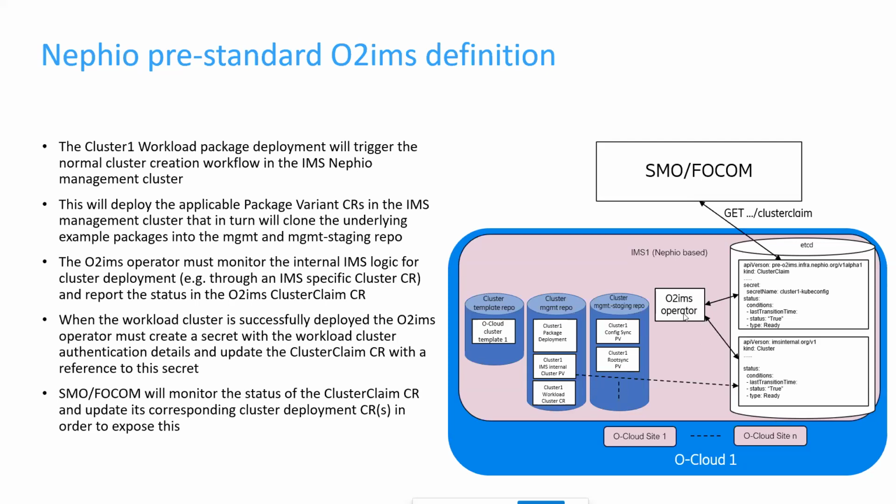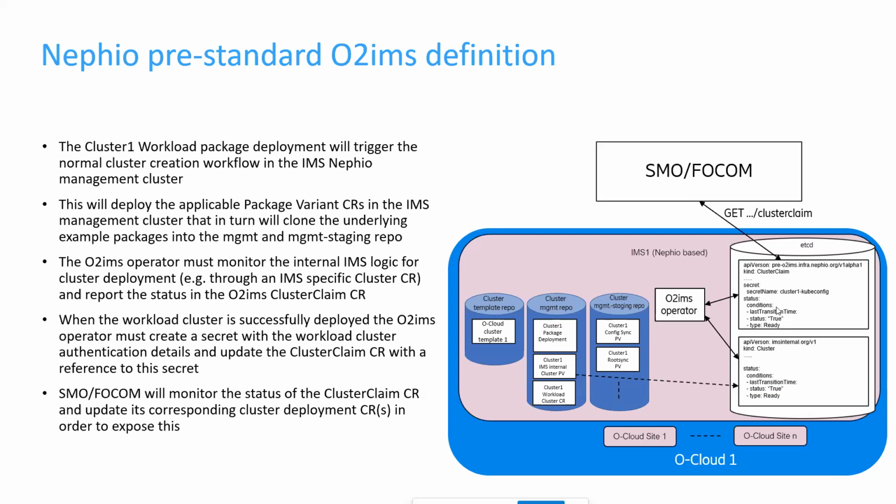And as I see it, that would be once you have successfully deployed these management staging resources also into that new workload cluster. At that time, this O2IMS operator should say that this cluster claim status is ready. Not before that, as I see it.